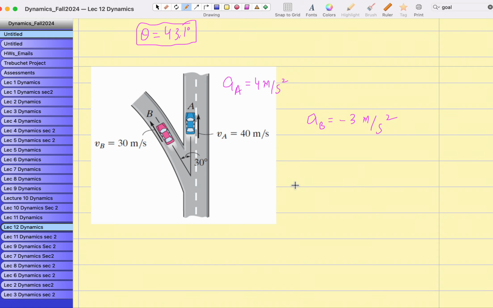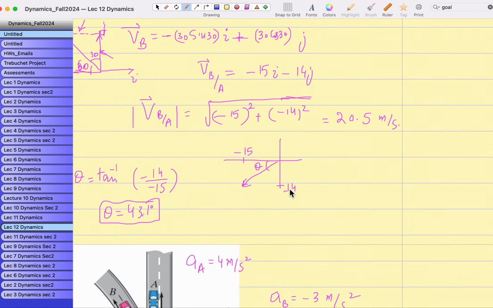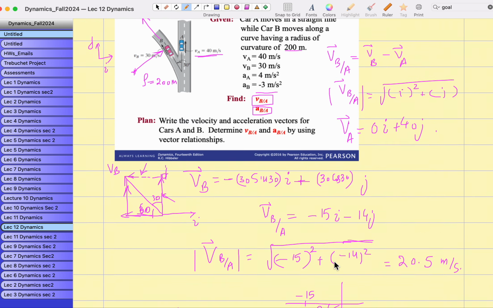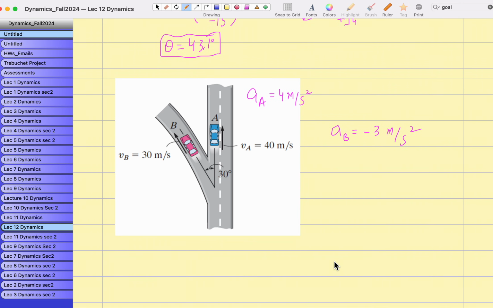So one thing I want to mention, this is B, acceleration B is -3, which is the tangential acceleration. You need to use the normal and tangential coordinates for the curved path.